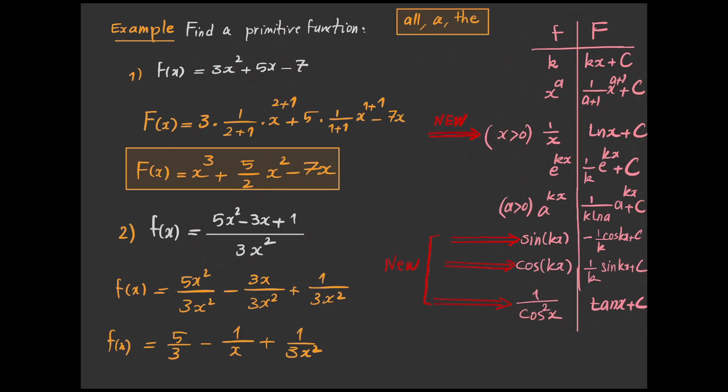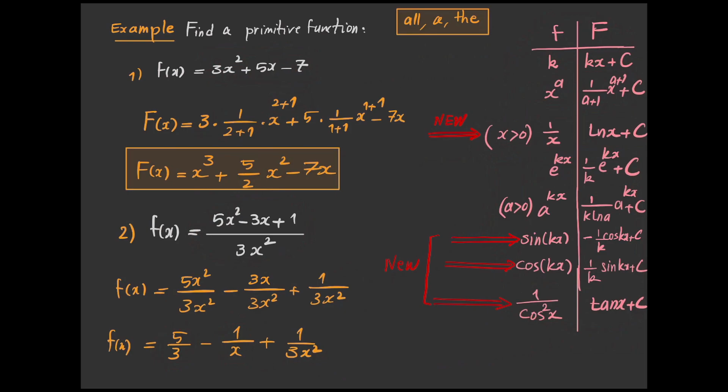Okay, for this one, which formula of this table is useful? Which row? The first row. That's a constant. For this one, which row? This new one, but I have to add that x is positive. In the book, they are not sensitive to these details. But what about this one? It's 1 over 3x squared.